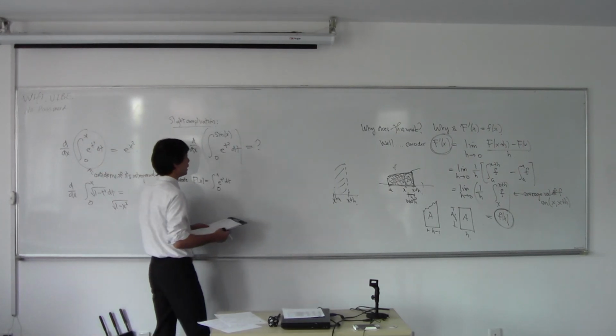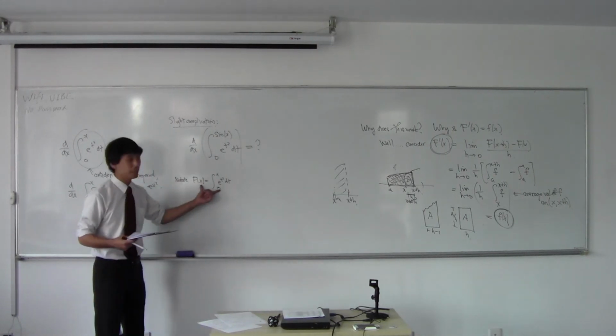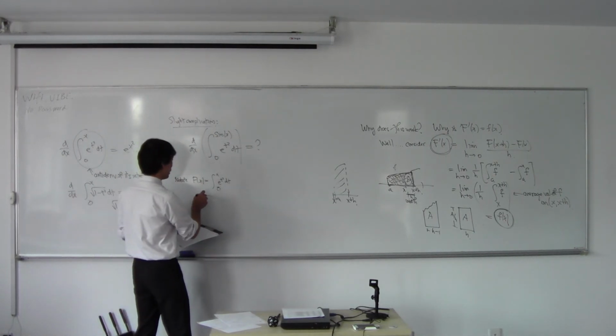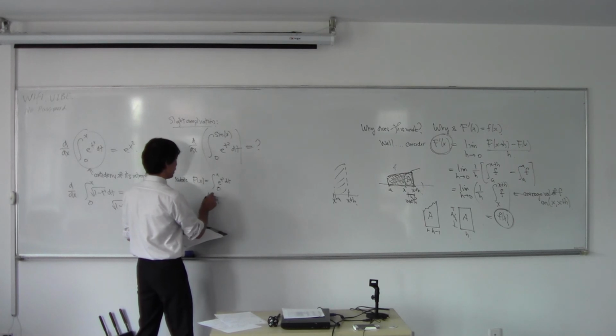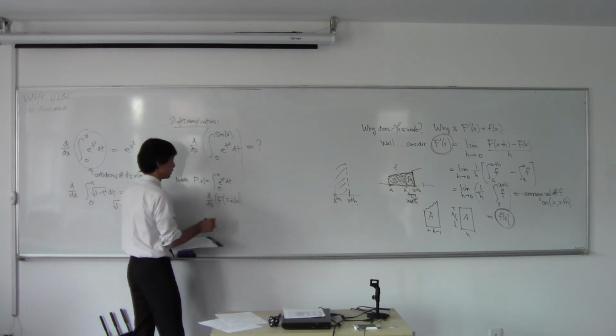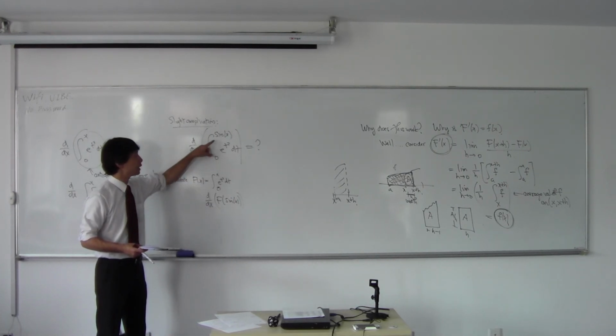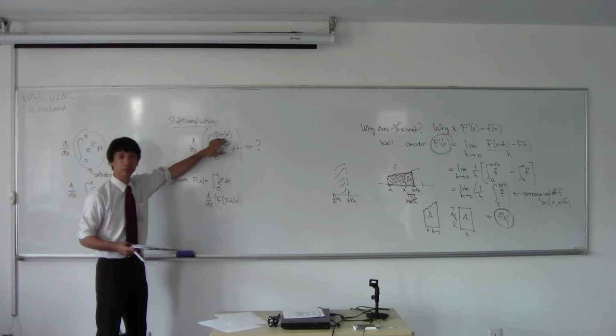Because if we write this area guy, then what this is is f of sine of x. All this is the area guy, but evaluated at sine of x.